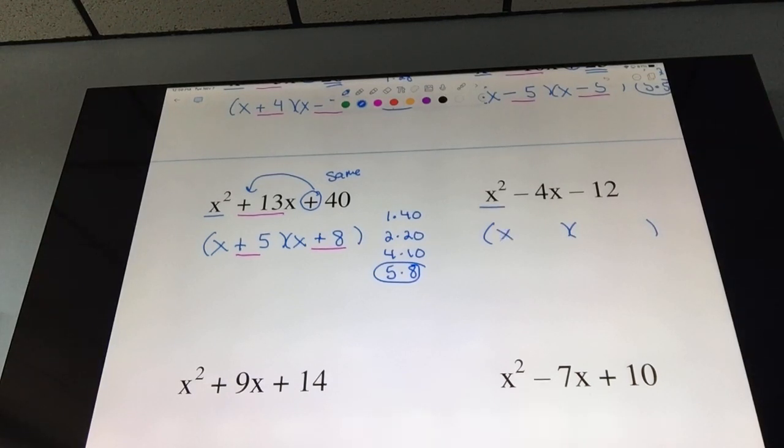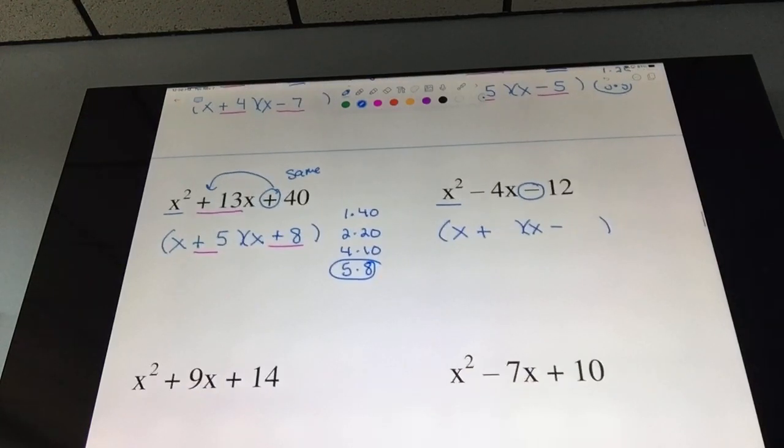All right, x squared, x times x. Minus at the end, one of each sign. And then 12 is 1 times 12, 2 times 6, 3 times 4. And which pair differs by 4? The 2 and the 6.